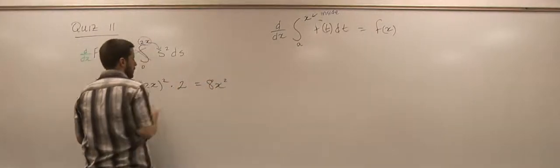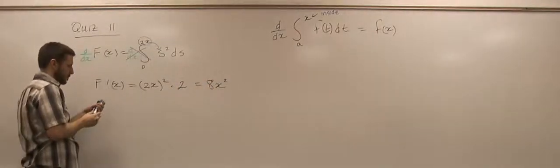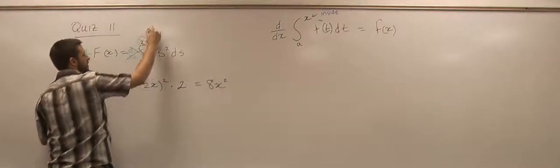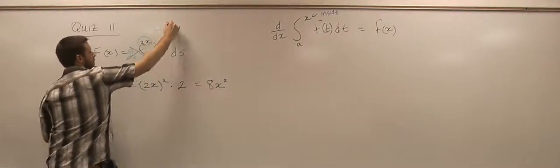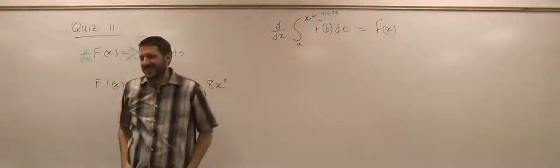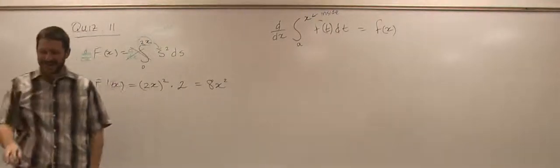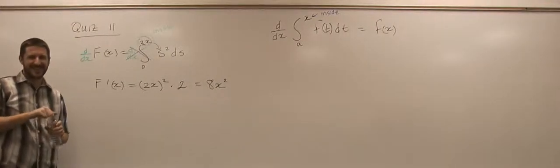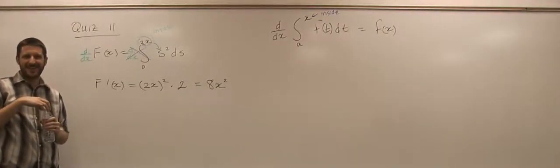You have an inside function here that's not just x. I guess a lot of people didn't get that one. Wasn't it just like the example that you did in class, though? There was an example that was very similar to it.